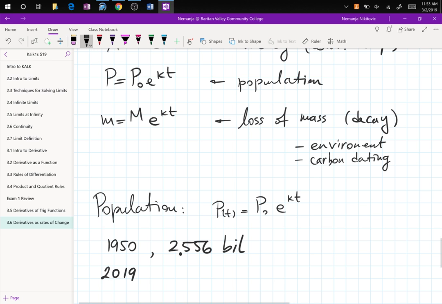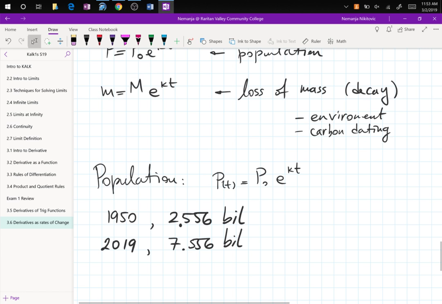It's the same number, except it has a 7 in front: 7.556 billion. That's 5 billion people added in how many years? 69 years, right? We can round to 70, it's fine. So 70 years.